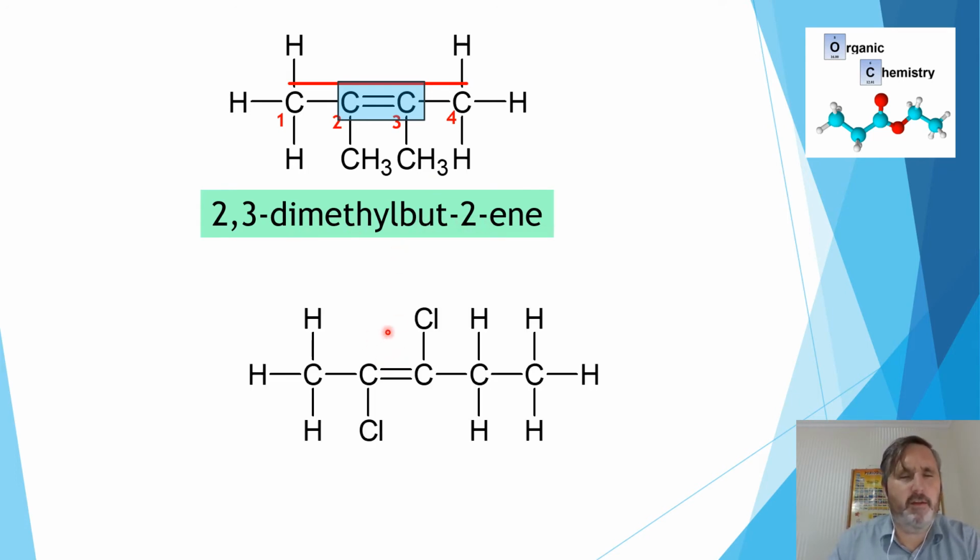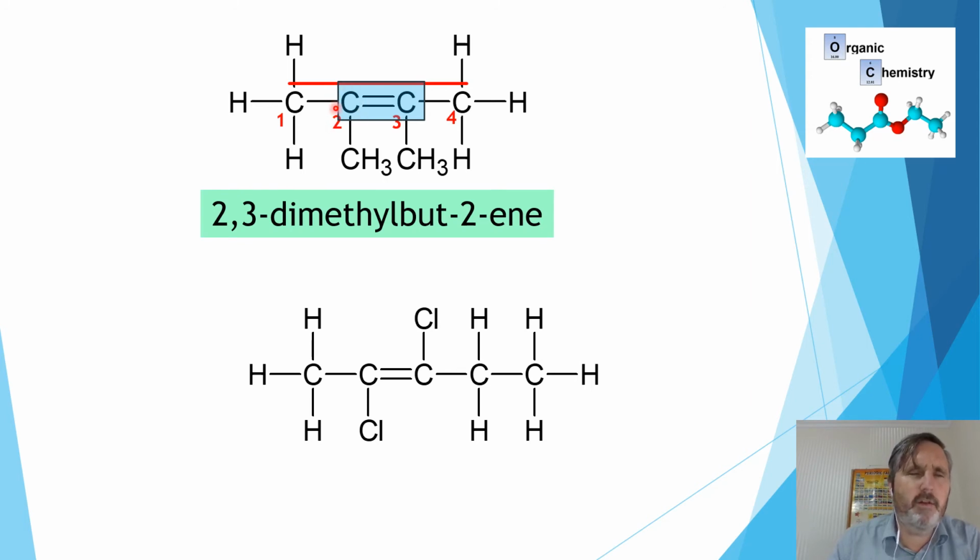Let's have a look at this next one. Oh, sorry, before we look at this next one, let's talk about why the top one wasn't trans or cis. To be trans and cis, you need two things. You need a double bond, and you need different groups coming off each carbon of that double bond. This meets the first requirement as it has a double bond.